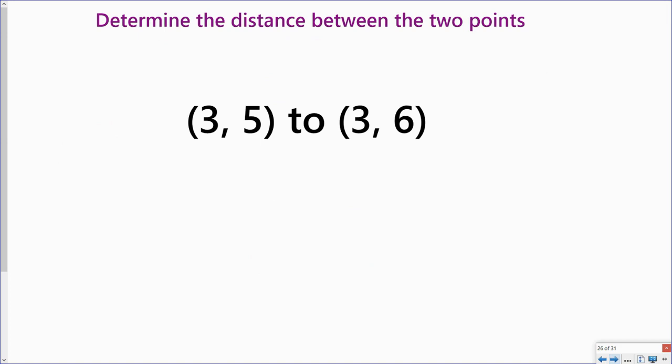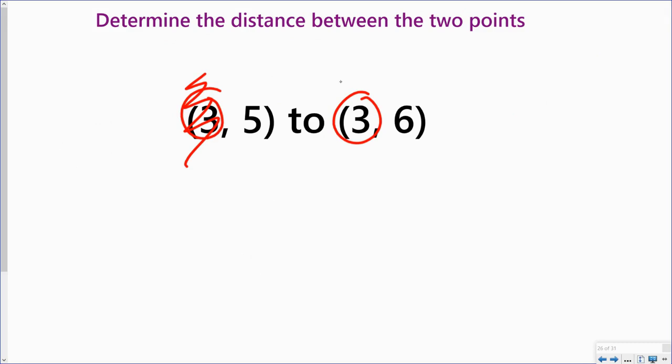Now, this time it's taken away the number line, it's taken away the coordinate grid. So when I'm looking for the distance between 2 points, I want to look at my coordinates and see what is the same and what is different between the two. So in this case, the threes or the x-axis are the same.